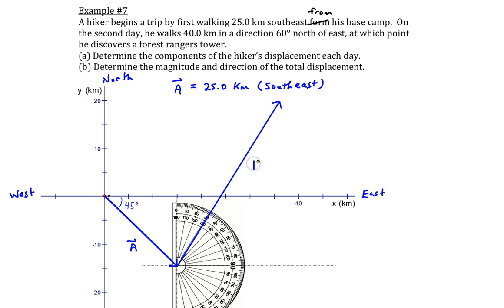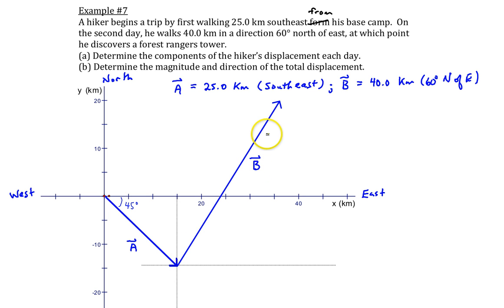And this we'll label as vector B with a magnitude of 40 kilometers, that's the length of this vector, and at an angle of 60 degrees north of the easterly axis. So if we were to find the resultant graphically, we would have a vector that starts here and ends right there. And this would be our resultant vector.